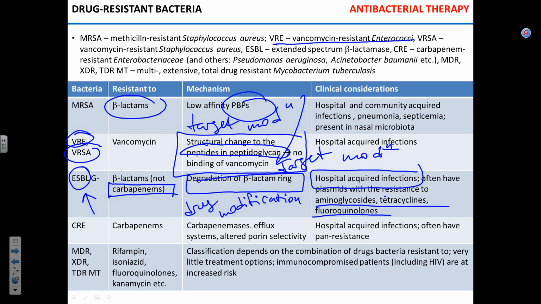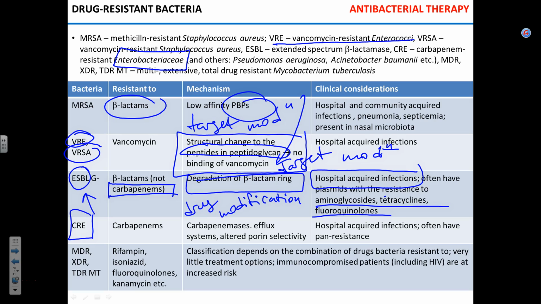And carbapenems for a long time were considered to be a magic bullet. Until recently, the carbapenem-resistant Enterobacteriaceae. Now, Enterobacteriaceae means enteric bacteria. Again, E. coli, Salmonella, Enterobacter, all those gram-negatives.